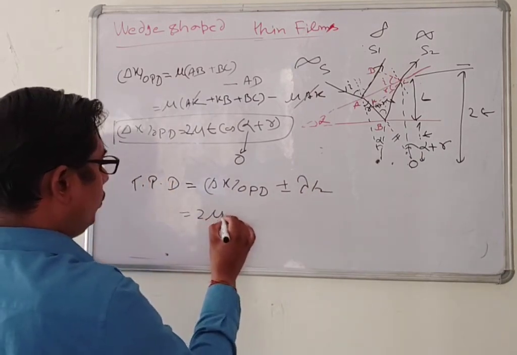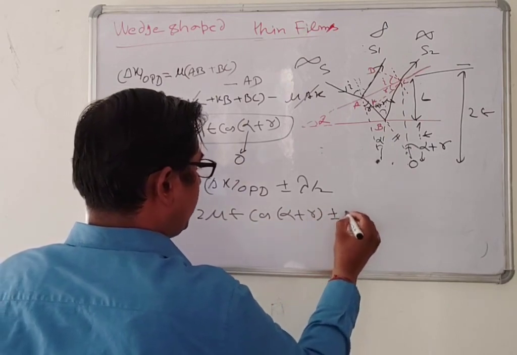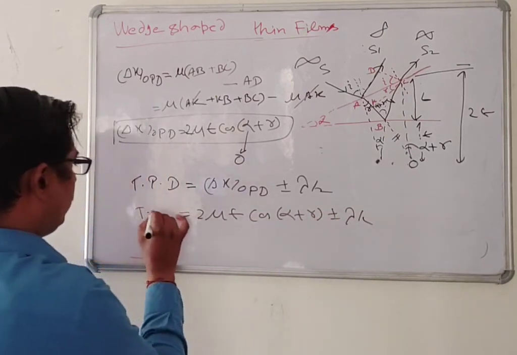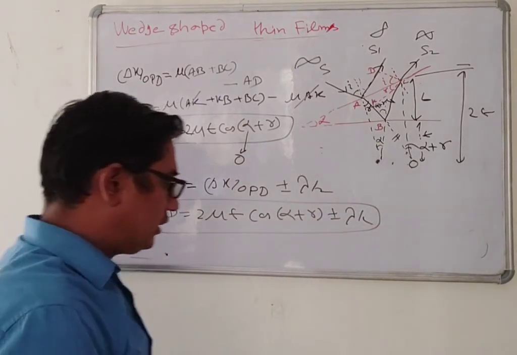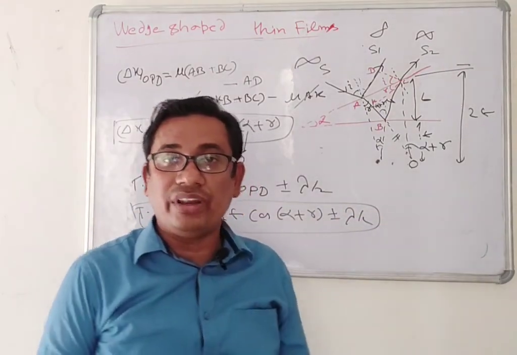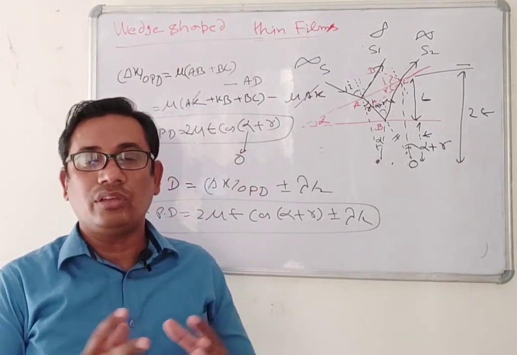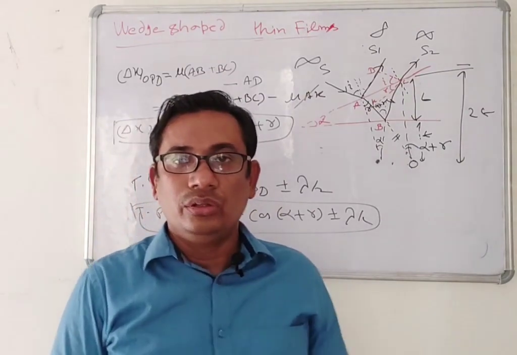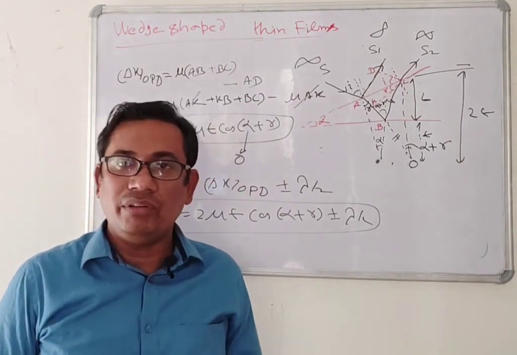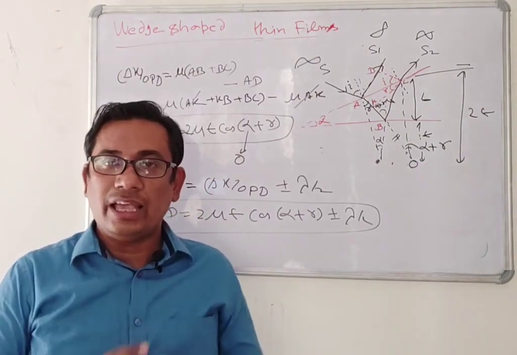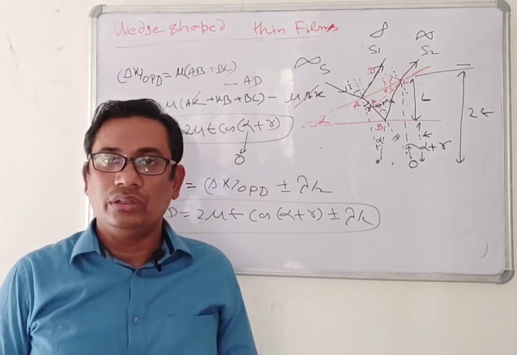It means 2 mu t cos alpha plus r, plus or minus lambda by 2. This is the total path difference. Here you can calculate the path difference for a parallel thin film, and also for the wedge-shaped thin film. So I will stop here, and in the next video we will discuss the experimental arrangement of the Newton rings and Michelson interferometer. Thank you.